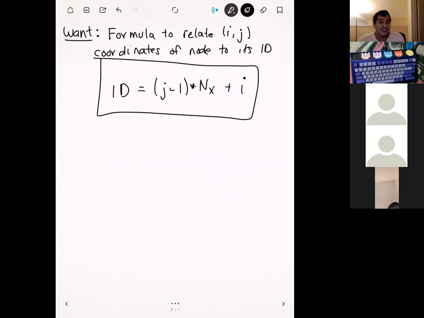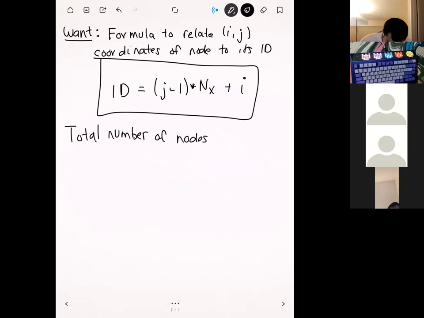Okay. All right. So one more thing that we have to define is we have to come up with a formula for the total number of nodes in our grid. Okay. And compared to all the other stuff we've been doing for the last 10 minutes, this is relatively easy.